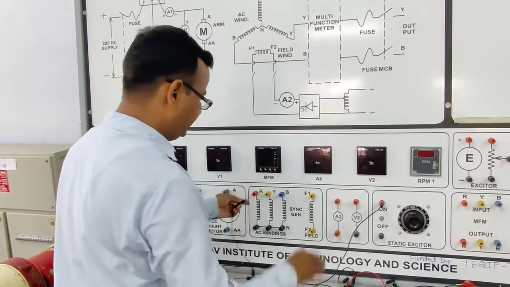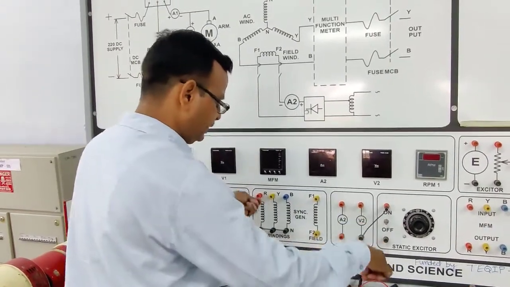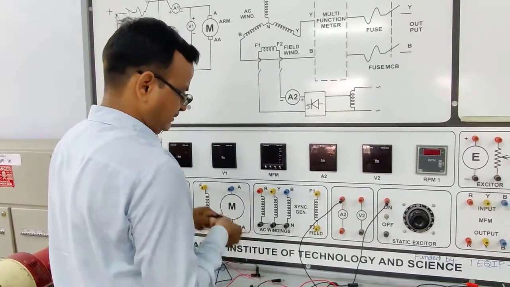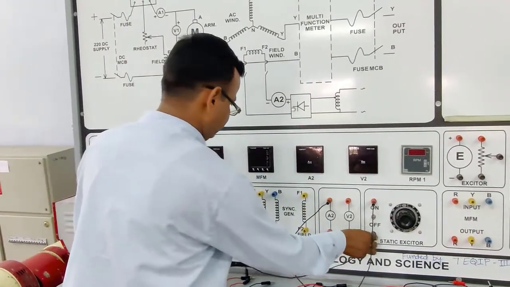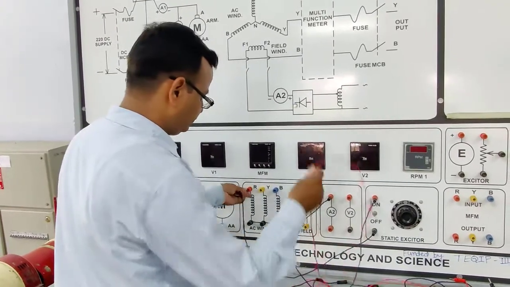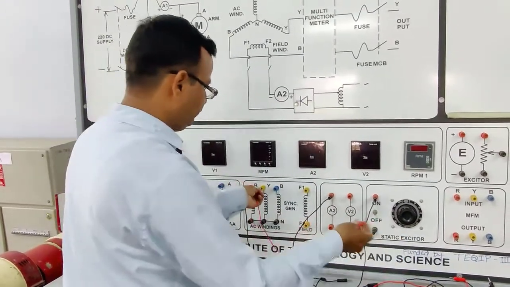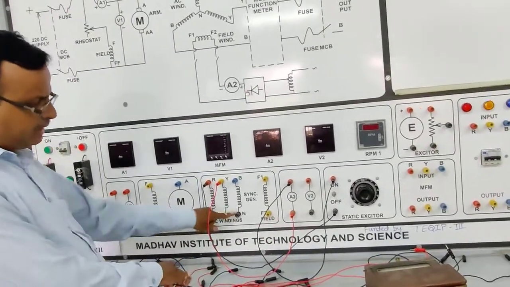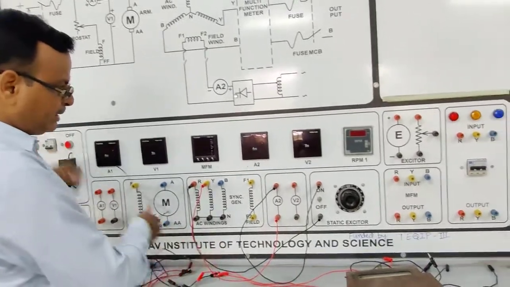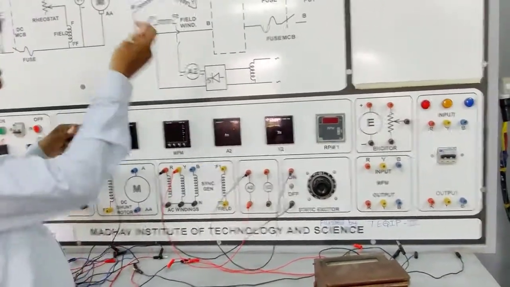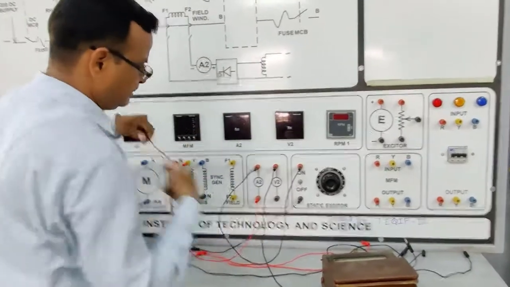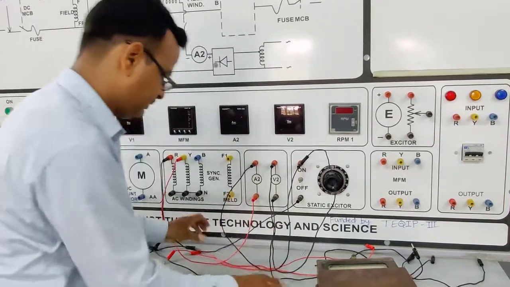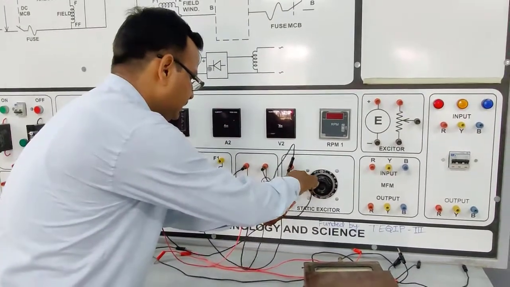DC supply connect here, ammeter here in series. And we will give the supply across R and Y phase, because these 3 phases are connected internally, and connect a voltmeter across the supply.